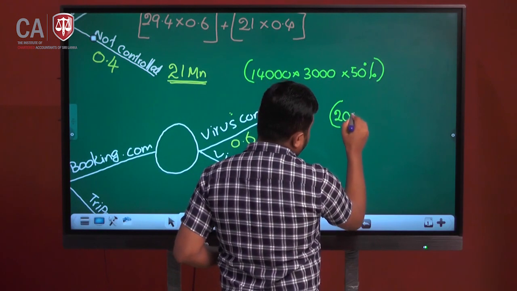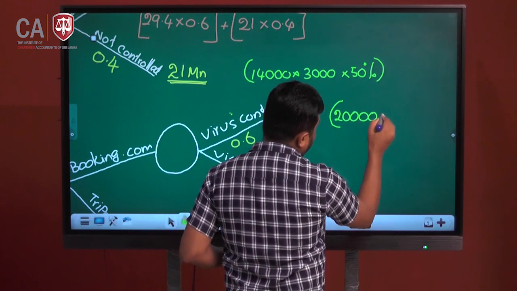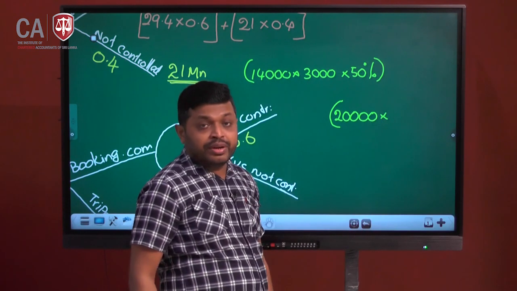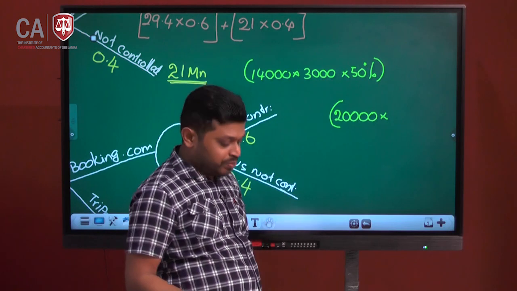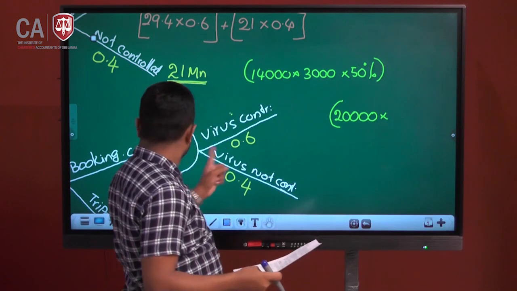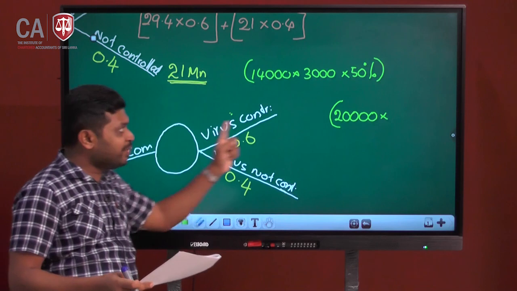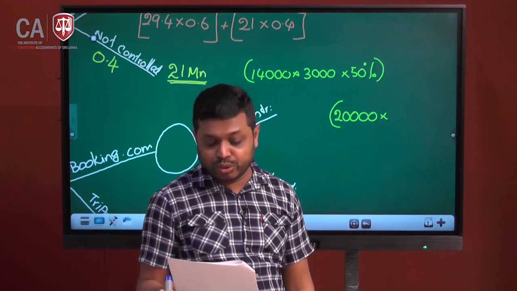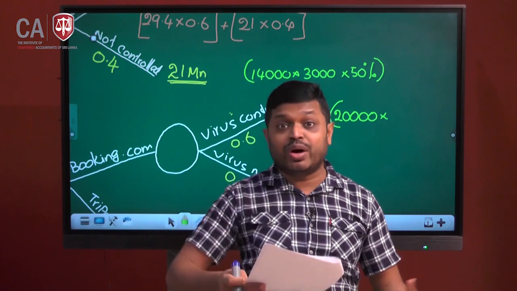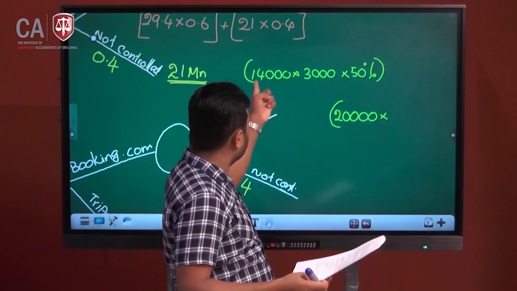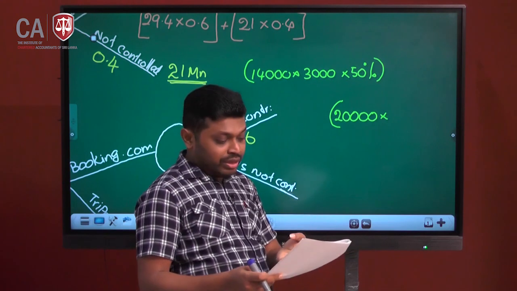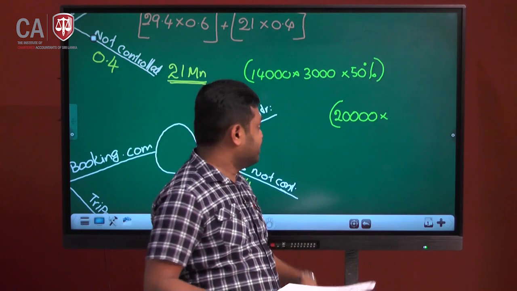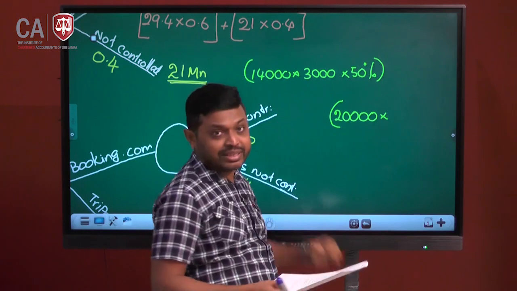20,000 is the selling price. Now, what is your contribution ratio? With booking.com, you have to pay 7% commission, which is 20,000 into 7%, 1,400 to be deducted. Earlier it is 14,000. Now 14,000 minus 1,400 is 12,600. Earlier, 70% was the contribution.